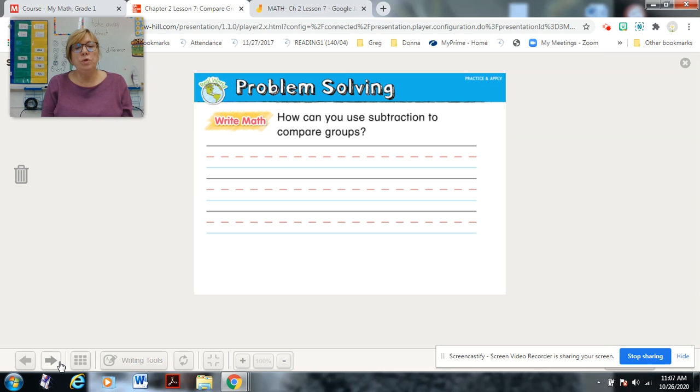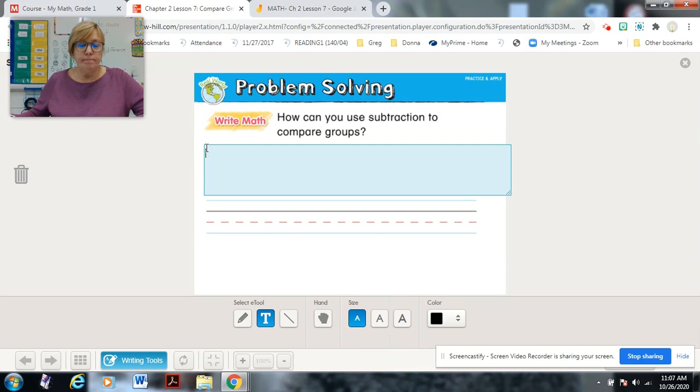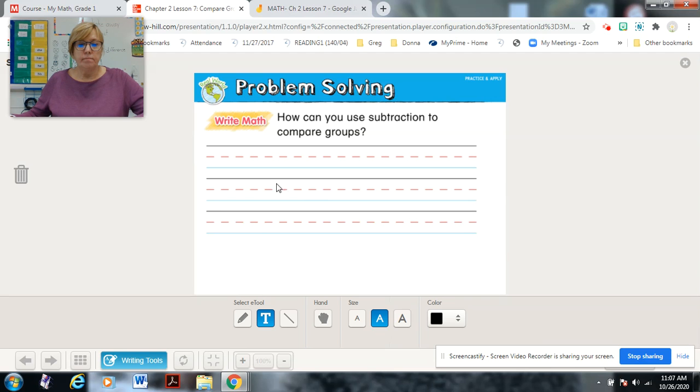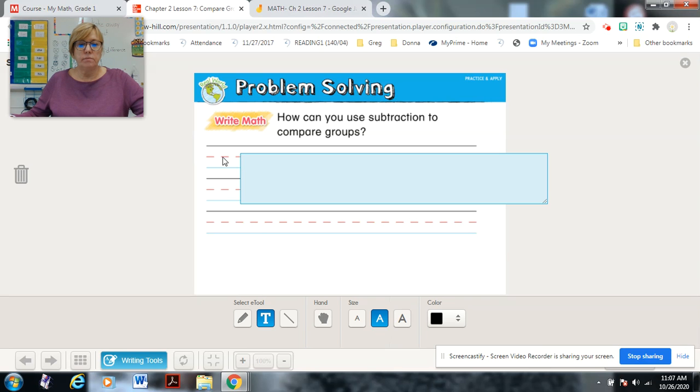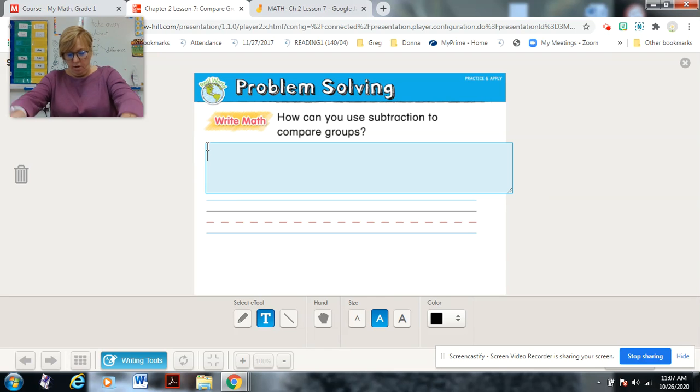How can you use subtraction to compare groups? How can you use it? Well, we can subtract to compare.